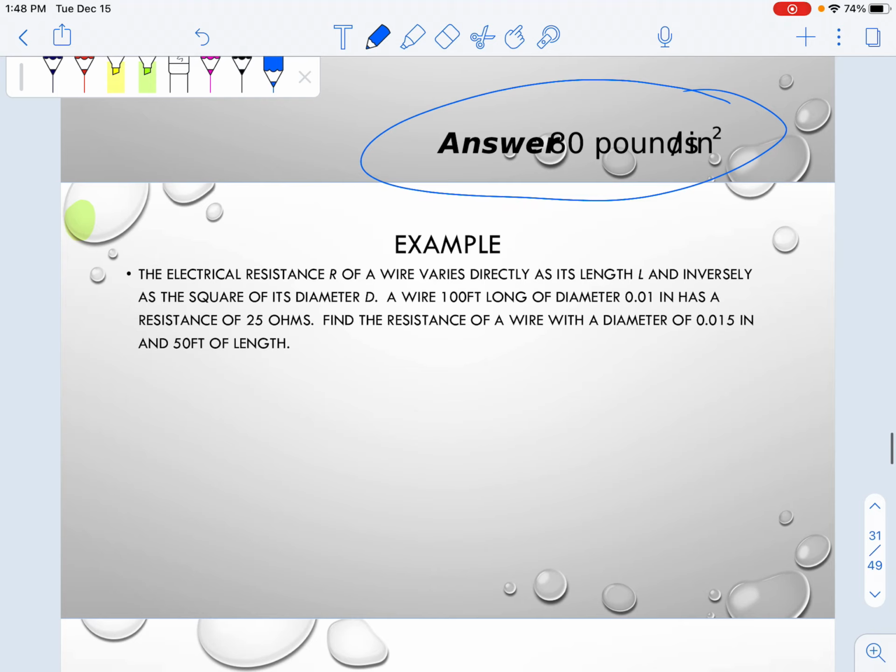And the last one here: the electrical resistance R of a wire varies directly as its length and inversely as the square of its diameter. So plug in what you know. Here's your fact. 100 foot long, diameter of 0.01.